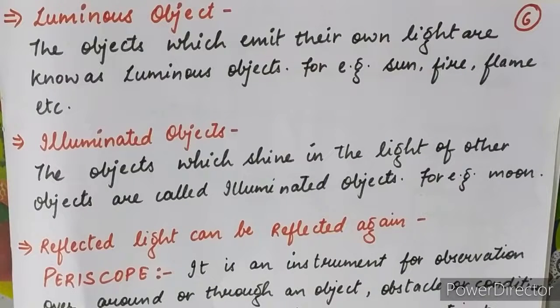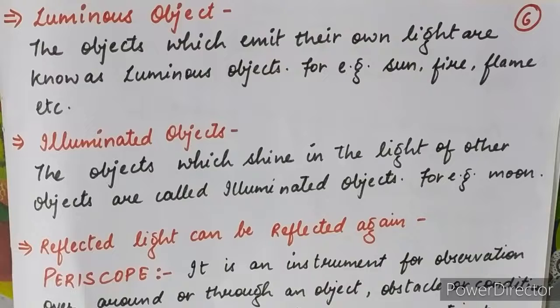Luminous objects, for example, the sun and fire. Illuminated objects, or non-luminous objects, are the objects which shine in the light of other objects, for example, the moon. We know very well that the moon doesn't have its own light, yet it shines. How?